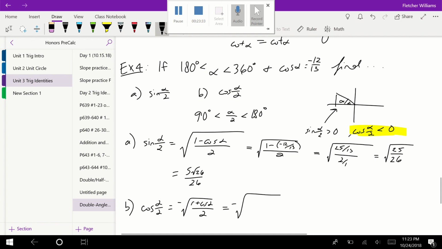That's negative root of 1 plus negative 12/13, over 2. It gives you minus root of 1/13 over 2, or minus root 1/26, which can be put in simplest radical form as minus root 26/26.